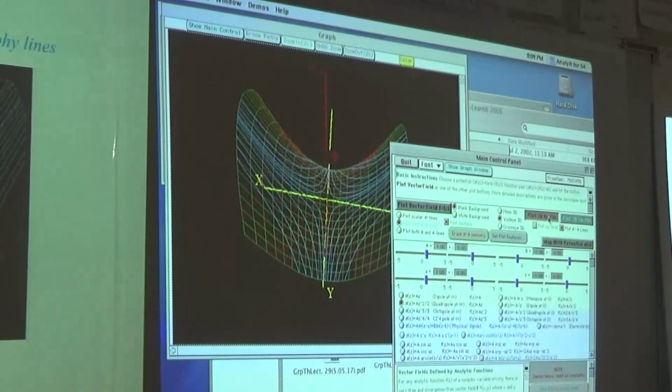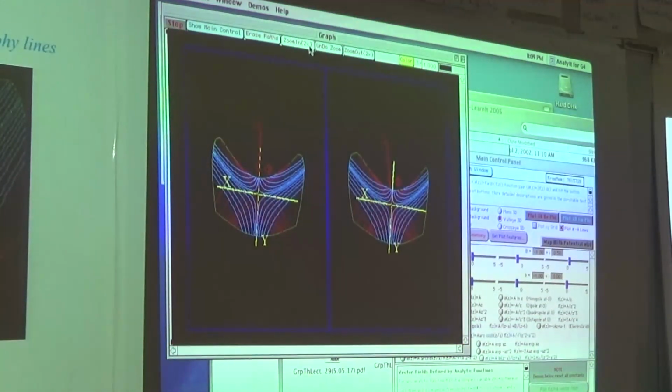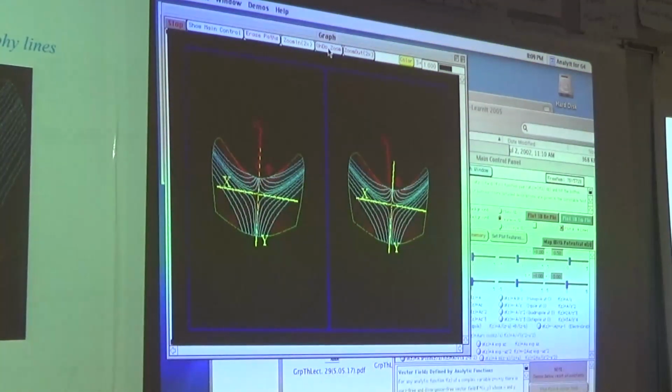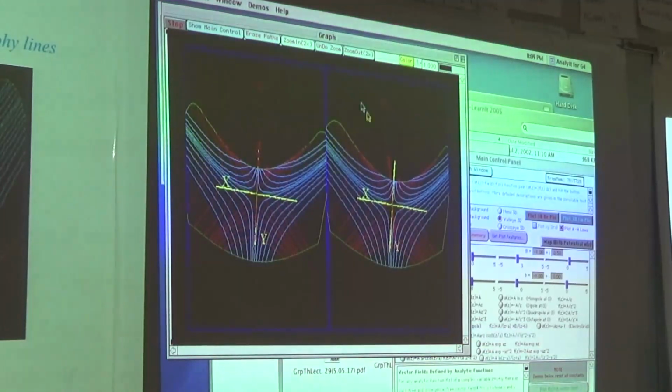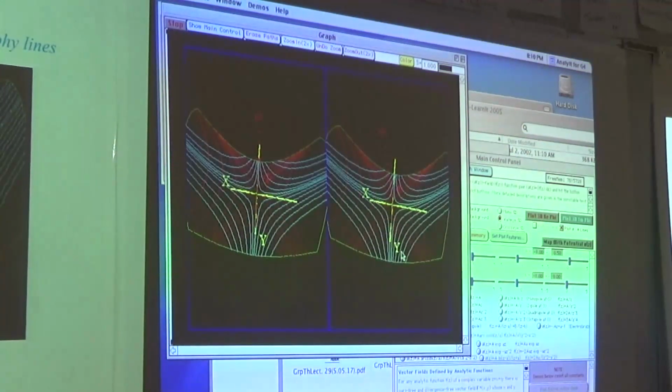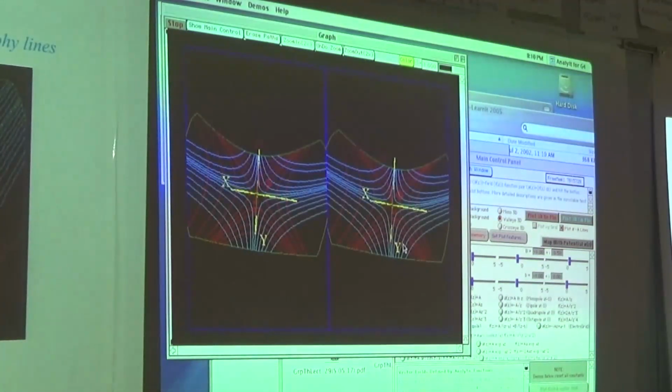So if you were to look in your textbook, you would see a diagram like this. And then you wall-eye it and you can see it in 3D. For complicated potential, it's really a big help. So I'm going to zoom in a little bit there. But you can move those too. And we're going to have ways to do that with the thing.